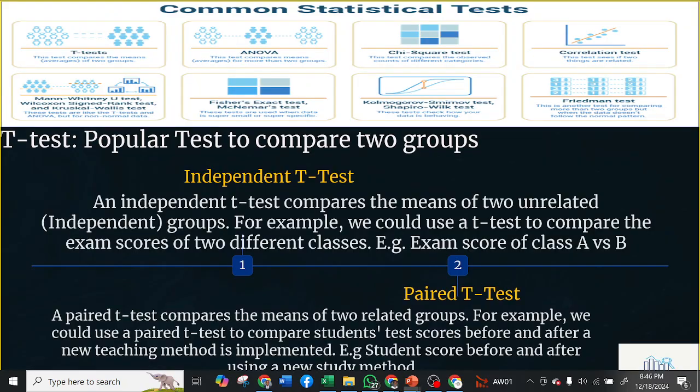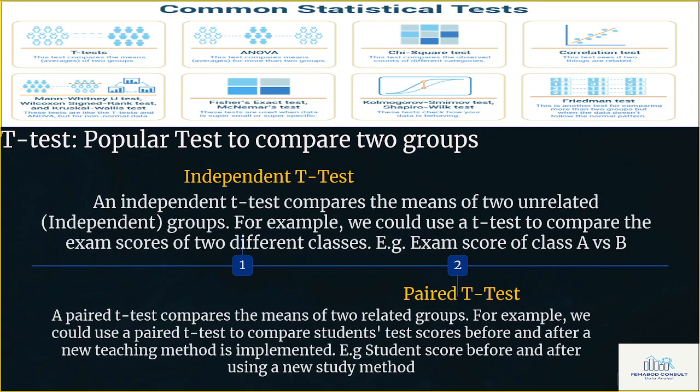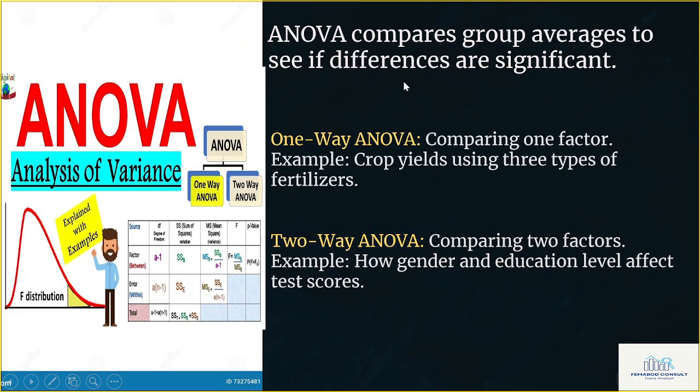Now let's move to the next point of call, and that is ANOVA, also known as analysis of variance. Now, ANOVA is comparing group averages to see if differences are significant.